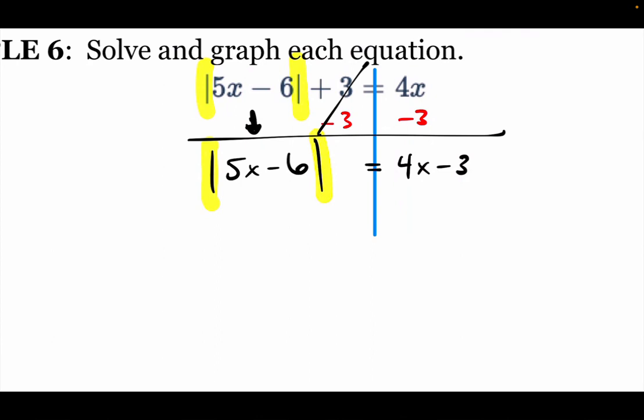Are we done with step 1? Or do we have to keep going? Is there anything else on the left besides what's in the bars? No. So we're done. Split.